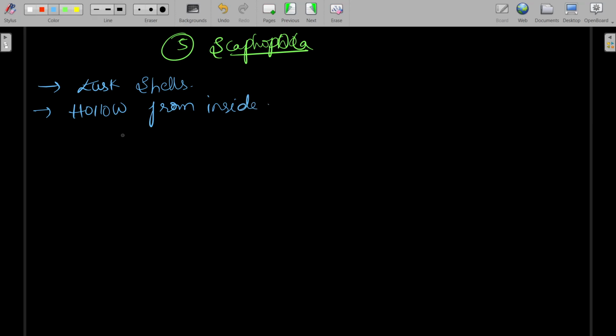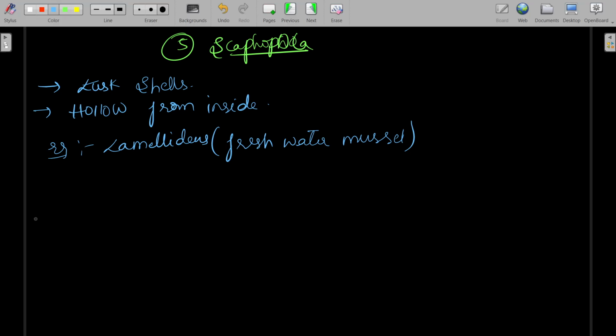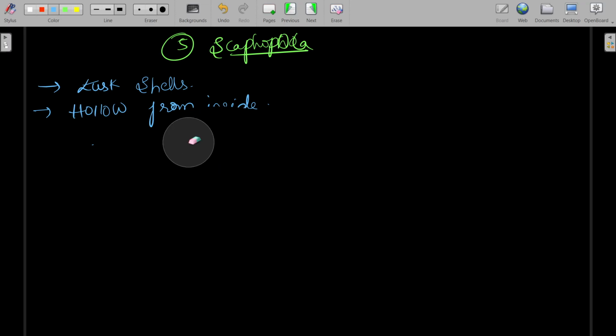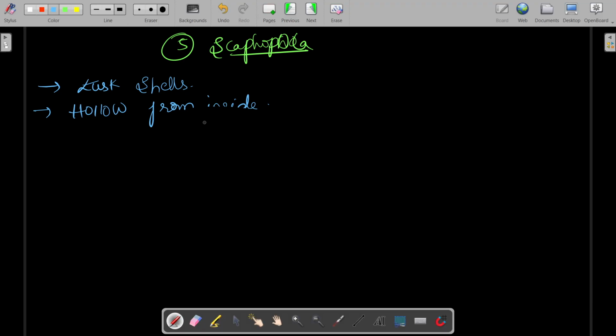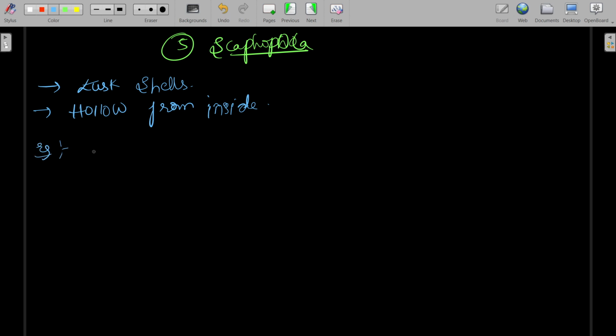Examples of Scaphopoda, the tusk-shelled animals, are Dentalium, which has a tusk shell, and the other example is Pulsellum.